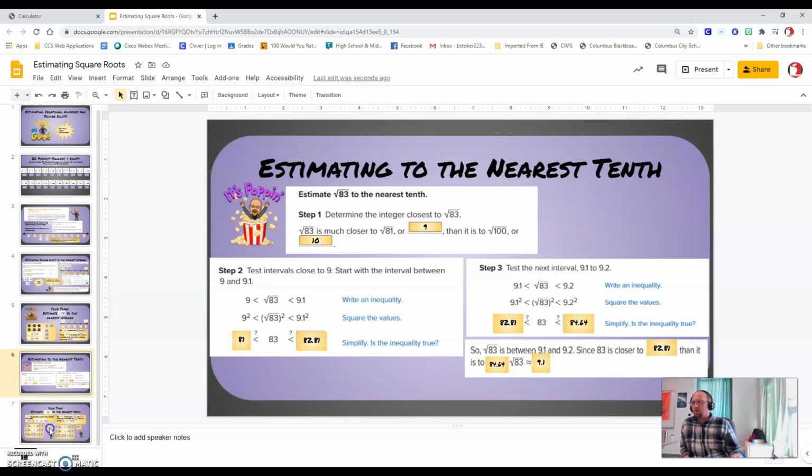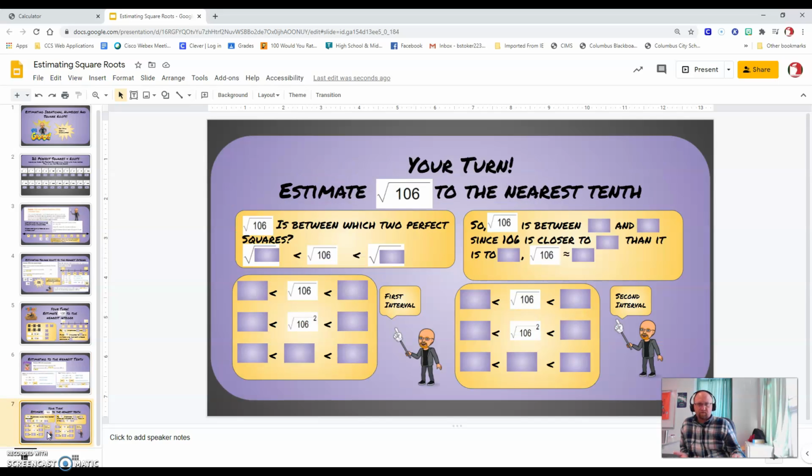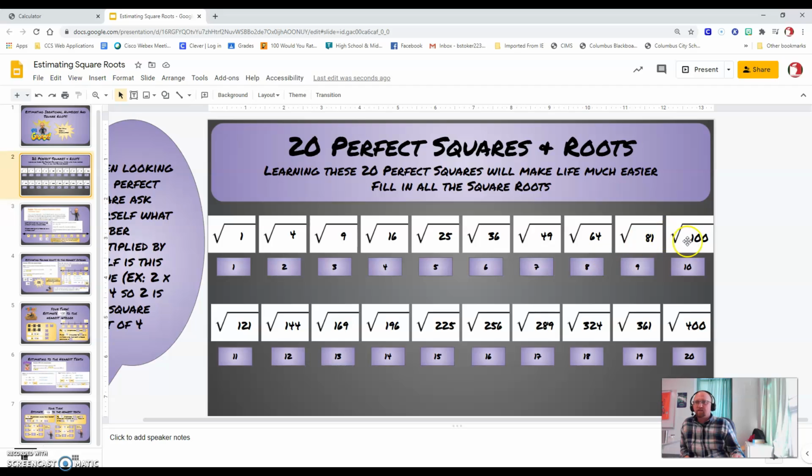Now, to get you started on slide number 7, you're going to estimate the square root of 106 to the nearest 10th. So again, what two perfect squares does this fall between? So 106, I see it falls between 100 and 121.